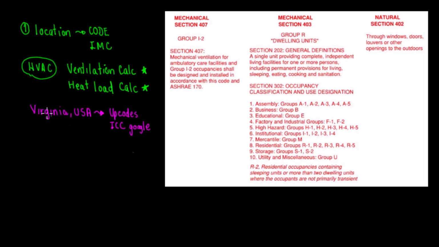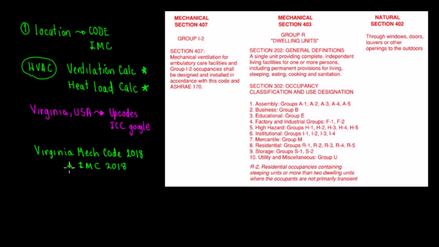Since we know all that already, in Virginia they have the Virginia Mechanical Code 2018, which is pretty much based on the IMC, International Mechanical Code 2018.